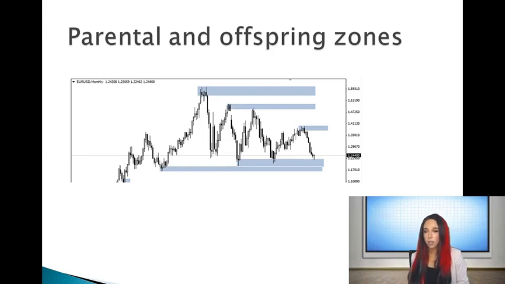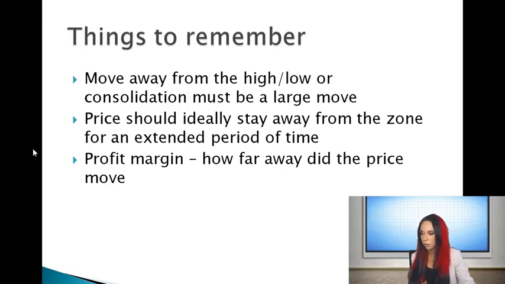Here are several other things that you should keep in mind when drawing the zones. The first one is that the move away from the high or low, or the consolidation that you've seen, should ideally be a big move. The bigger the move, the stronger the zone. Number two is that the prices should stay away from the zone for an extended period of time. If they come back to it after that one big move and then there's no follow through, there's no second candle that goes in the same direction, this signals that the zone is not that strong.